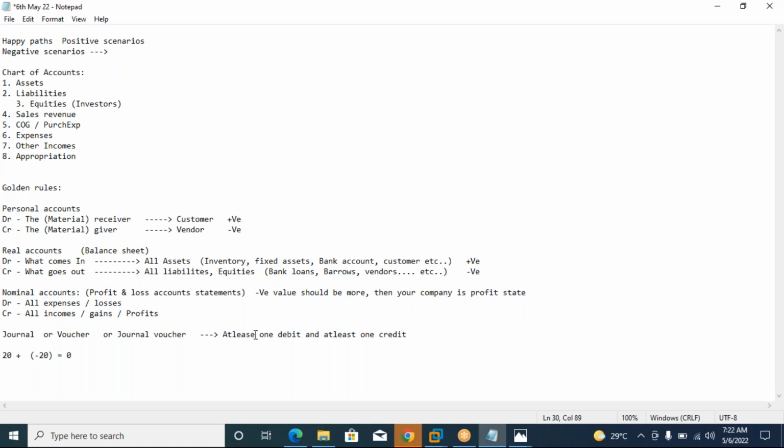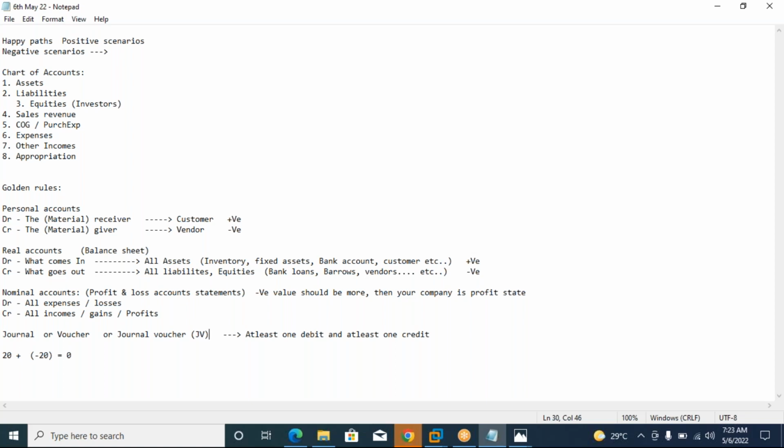It may have more debits and more credits also, but at least one debit and one credit is a journal voucher. Journal voucher, journal, or voucher, all are the same. Accountants will use the shortcut JV.